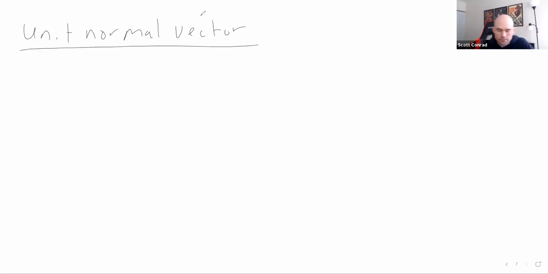Okay, so let's look at a couple other geometrically important vectors. Let's look at the unit normal vector. So we have the unit tangent vector. Another important vector in relation to a curve is going to be the unit normal vector.